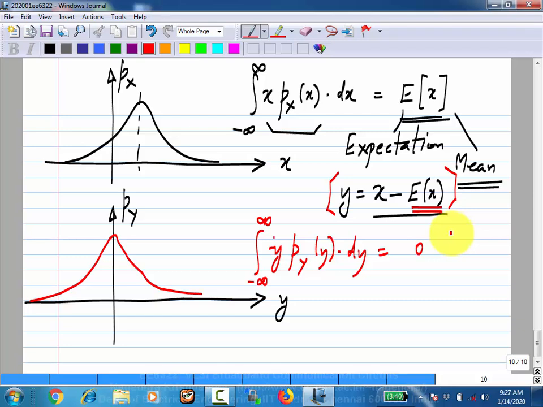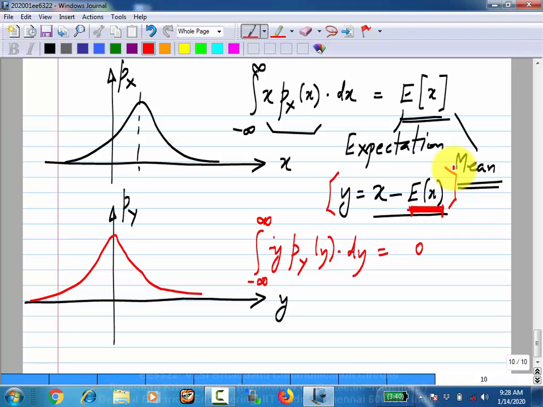The non-zero mean can be dealt with separately. Again, I'm talking about circuit analysis. The part that is non-zero can be dealt with separately. That is like DC, as we will see later.